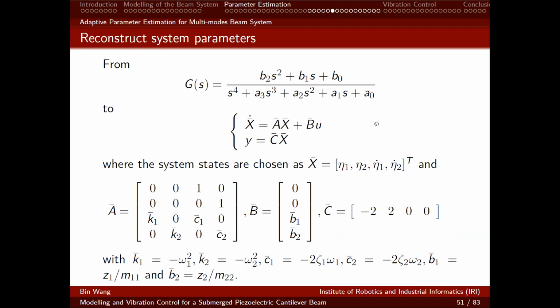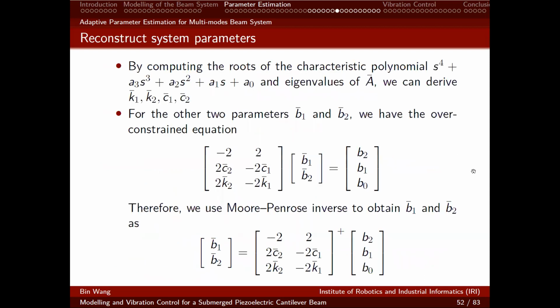So in this thesis, we proposed a method to determine the parameters in matrix A by computing the roots of the characteristic polynomial and the eigenvalues of A.